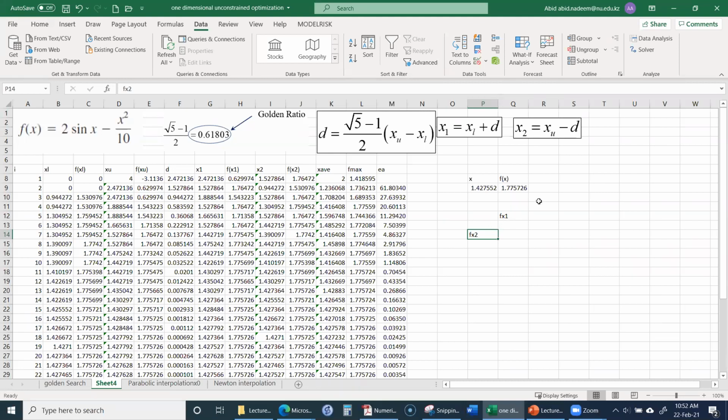Therefore the maximum will occur towards the right of x2. So we will take the interval x2 to xu for our case, and anything towards the left from xl to x2 will be eliminated. So for the next interval, xl will become equal to x2. That's why we have put this condition. When the condition is right, it will be x2 over here.